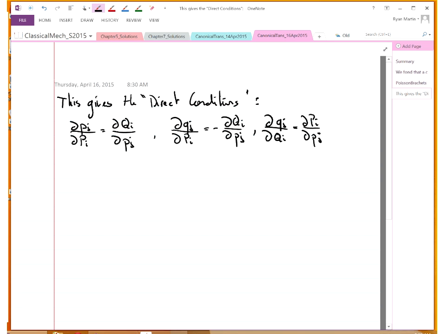The third equation is ∂q_j/∂Q_i equals ∂P_i/∂p_j. And the fourth equation is ∂p_j/∂Q_i equals minus ∂P_i/∂q_j.